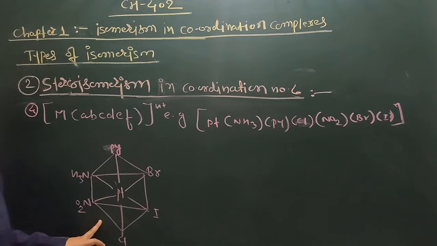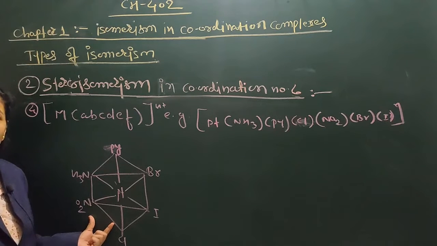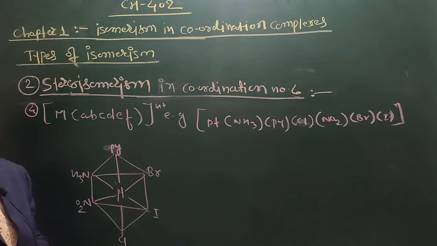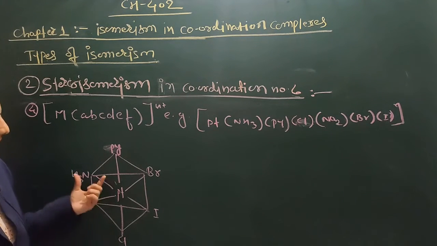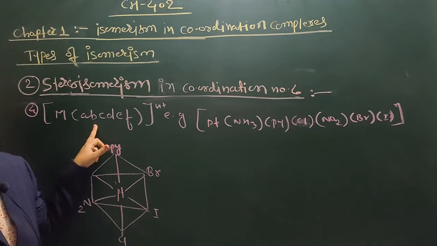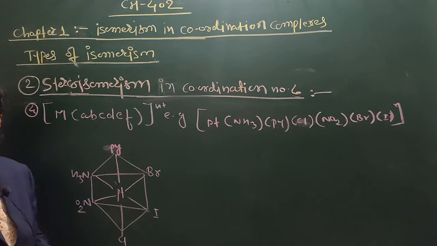So if you see the structure of that, it will give only one isomer. If you observe this complex, there will be 30 isomers possible for this type of arrangement, and out of 30 there will be 15 isomers showing optically active compounds. So this is the type where the metal is coordinated with 6 different ligands. So now let's discuss the next one.